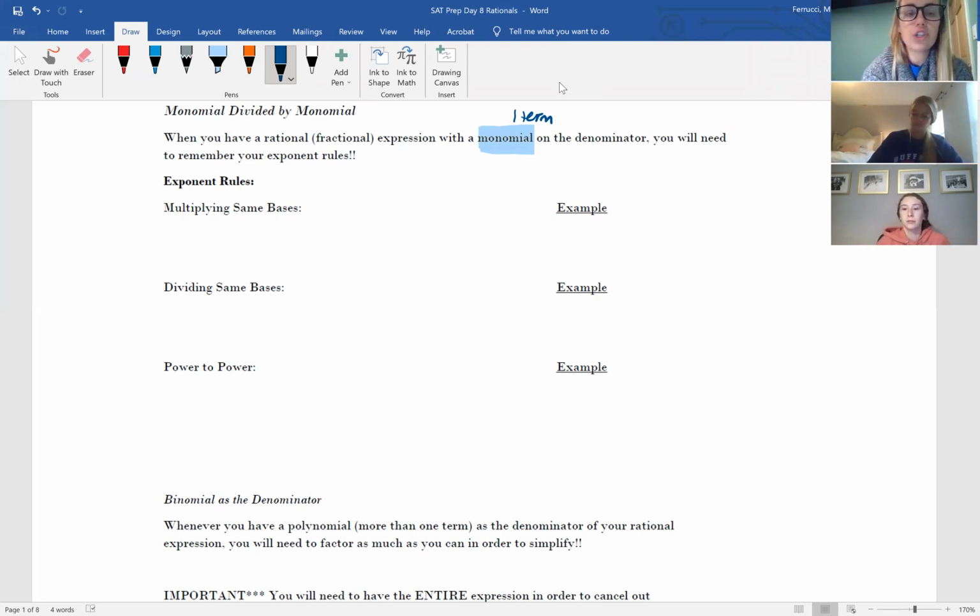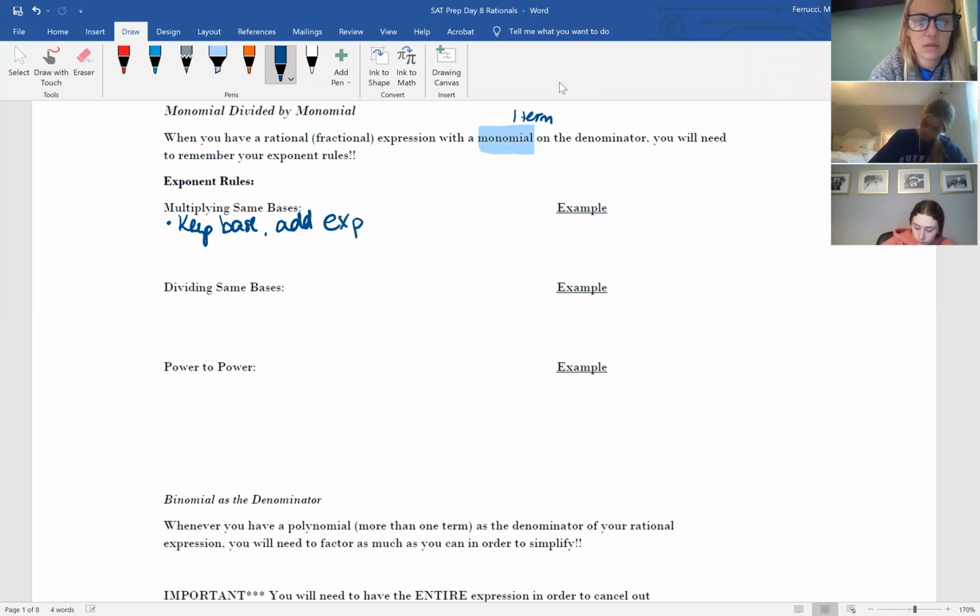But just going over our exponent rules, when you multiply same bases, you keep the base and you add the exponents. And then you multiply the coefficients.